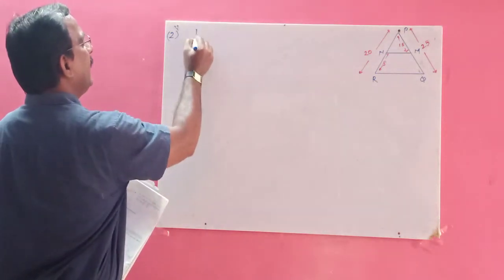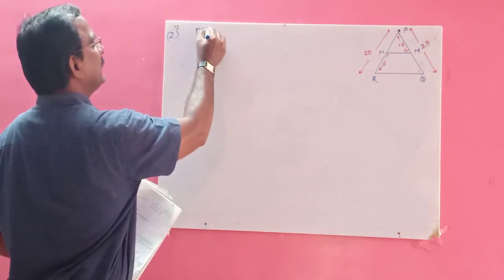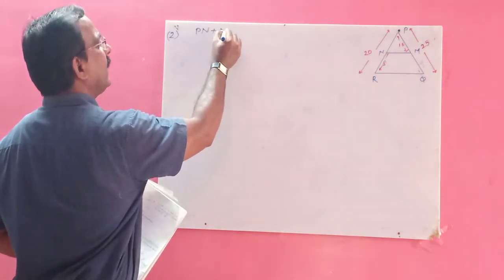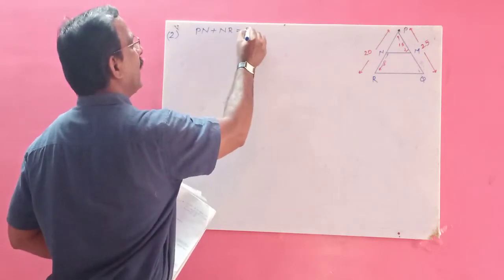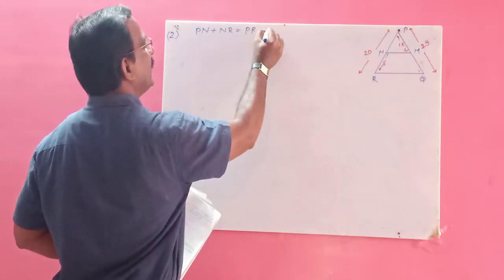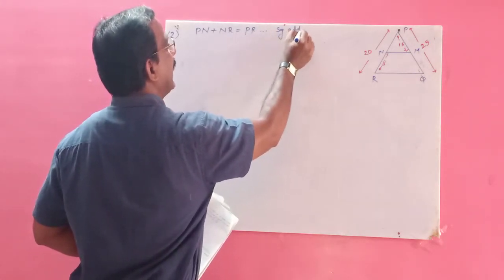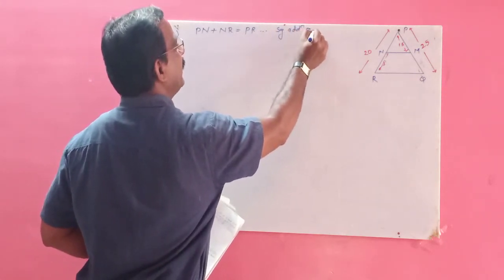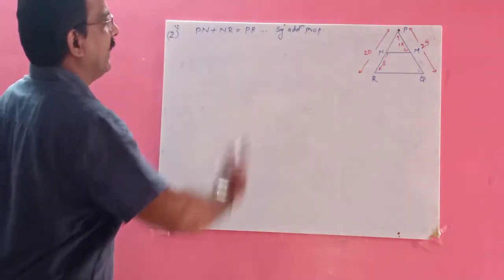PN plus NR is equal to PR. What is the reason? Segment addition property. Then substitute the values.